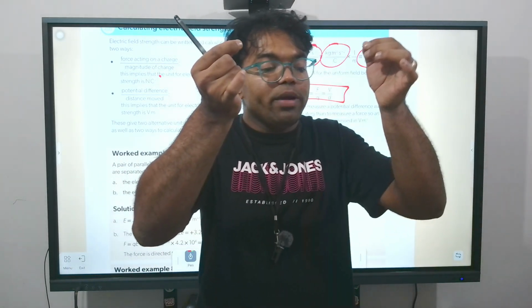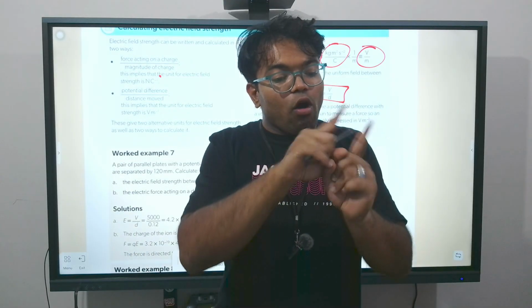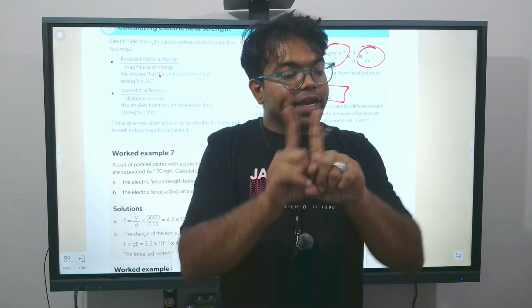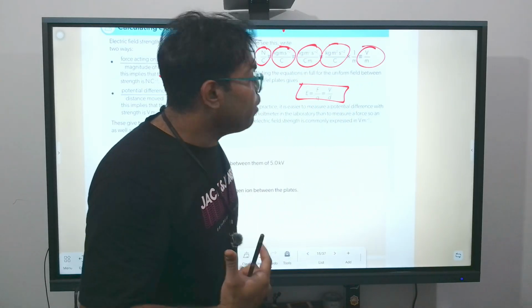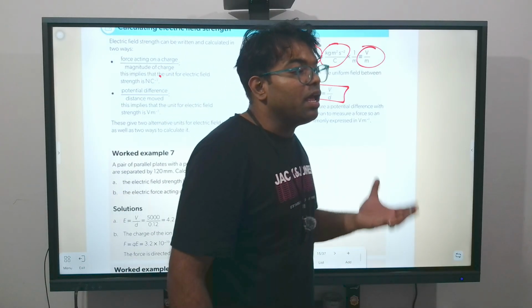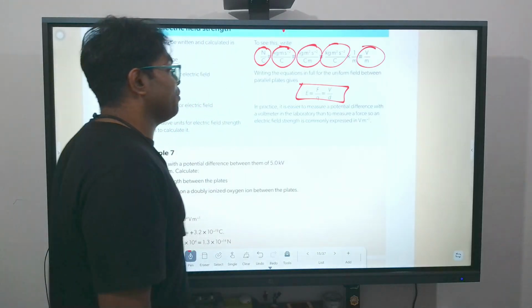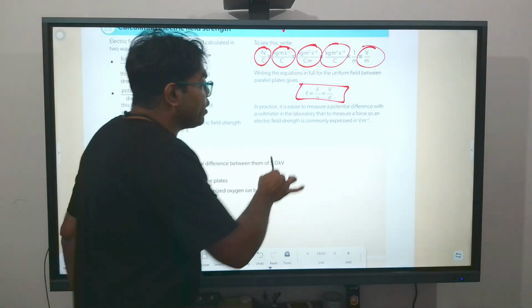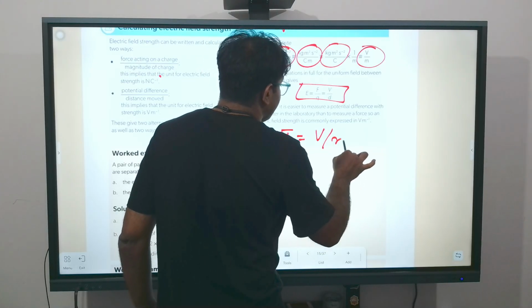Just place a voltmeter, one terminal on the positive and the other on the negative, and automatically you get the potential across these two plates. So it is easier to measure the electric field with the potential upon distance formula. Understood? So commonly electric field is expressed in volt per meter.